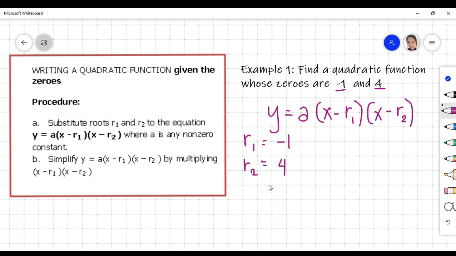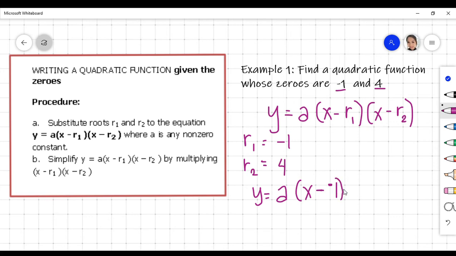So substituting that, y is equal to a times x minus, so this one is the minus from the rule, and then this one here is the sign for r sub 1, which is negative 1. Okay, this is the minus and this is the negative 1.